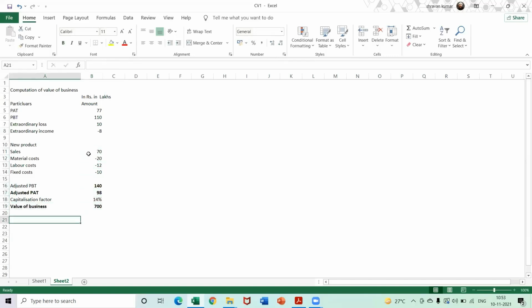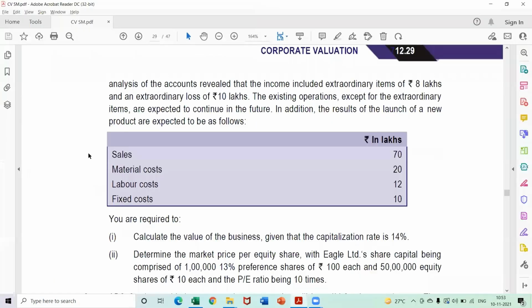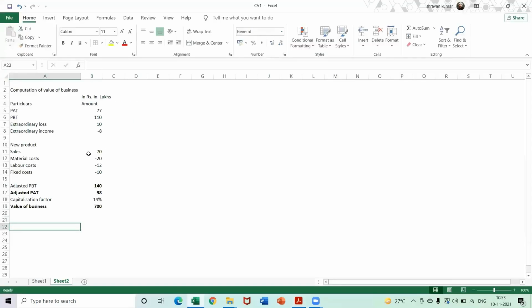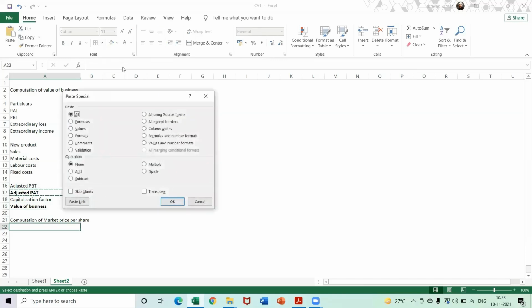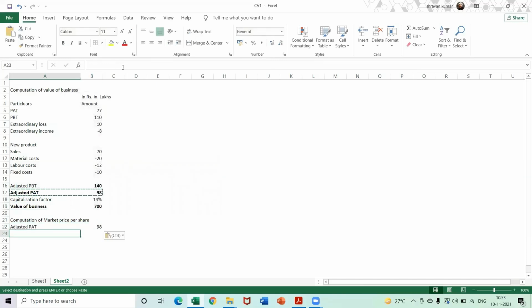Got it? Now let us find out market price. Here, take adjusted PAT into consideration.